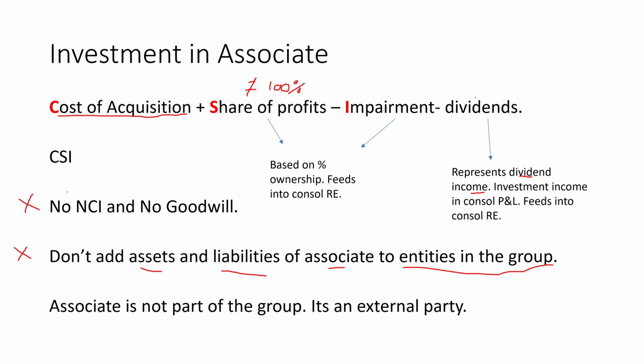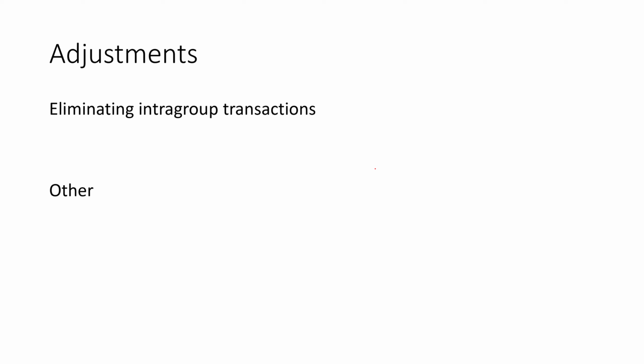So understanding how different movements affect the accounts is quite helpful. Basically there are two types of adjustment: the ones that eliminate intragroup transactions, and then there are others which we'll explain in the next video. I hope that was helpful and I look forward to telling you more.